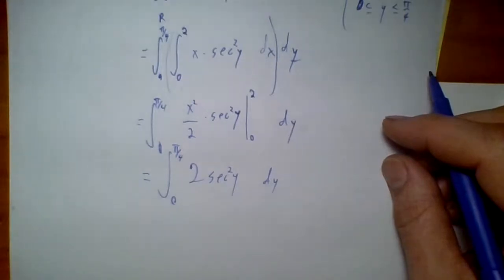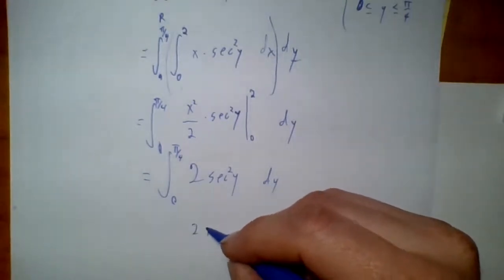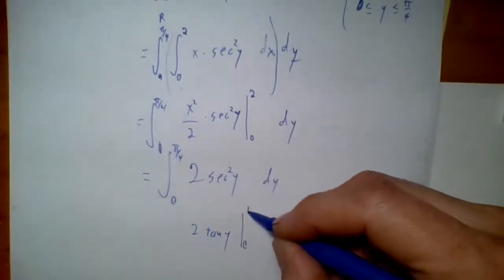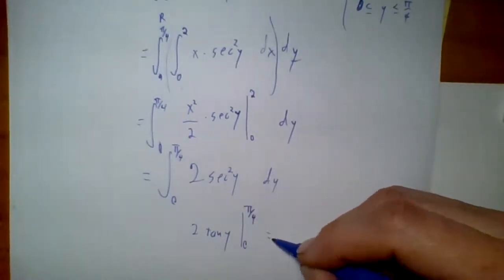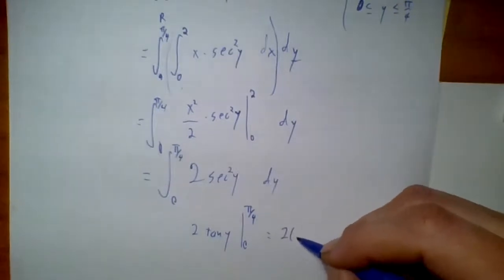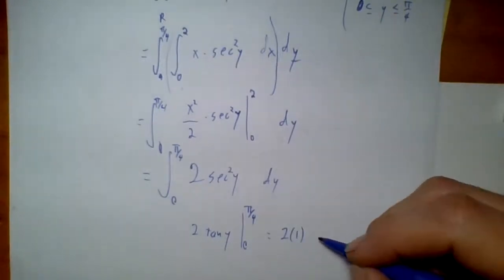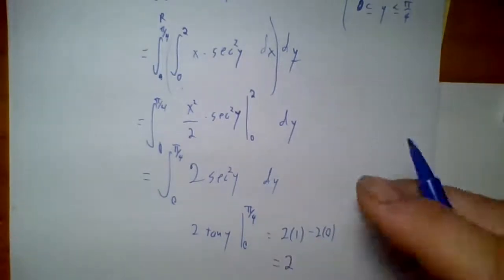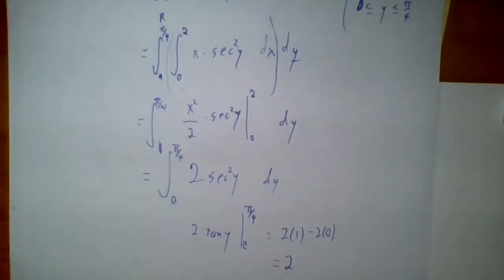Antiderivative of secant squared is tangent. So I got 2 tangent y evaluated from 0 to pi over 4. 2 times tangent of pi over 4 minus 2 times 0 is just 2. So 2 is the value of this integral.